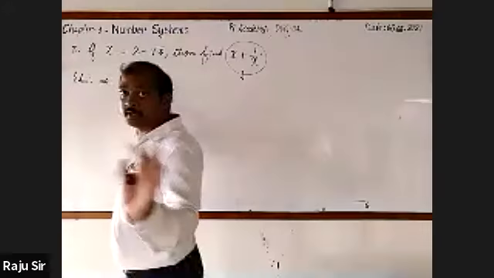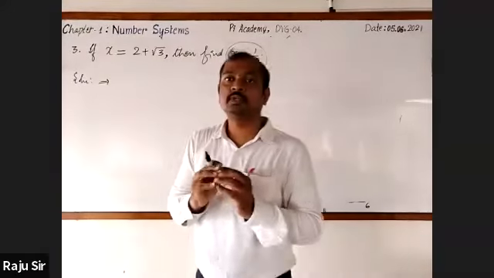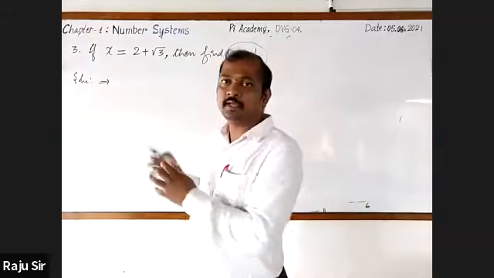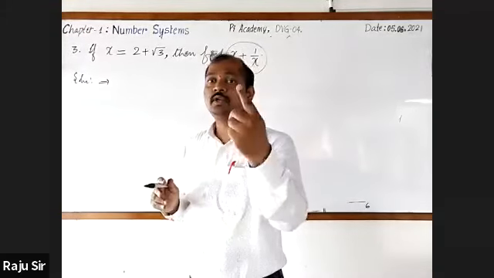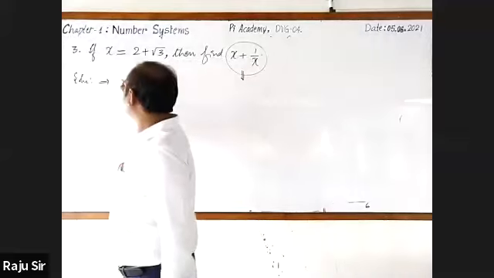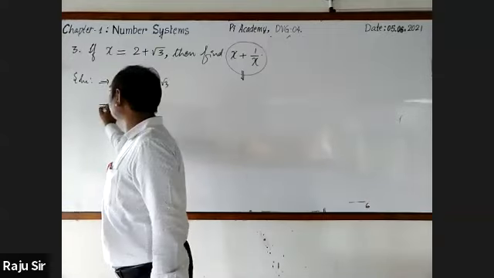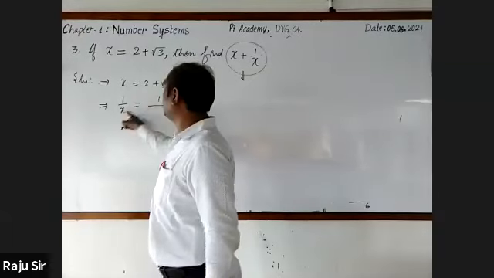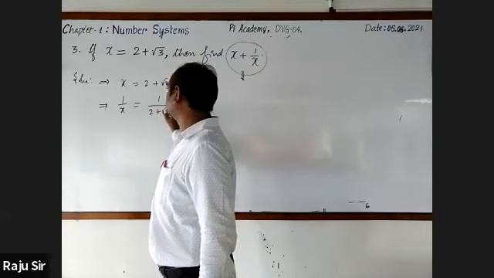Just look at it. I'm going to give you some explanation, and based on that, you should try that yourself. X is 2 plus root 3, and you want 1 by x. 1 by x is nothing but 1 by 2 plus root 3.